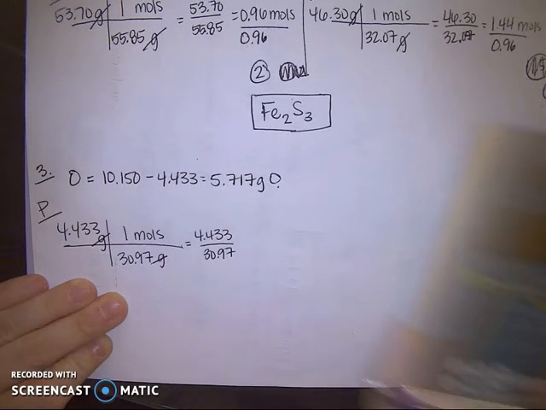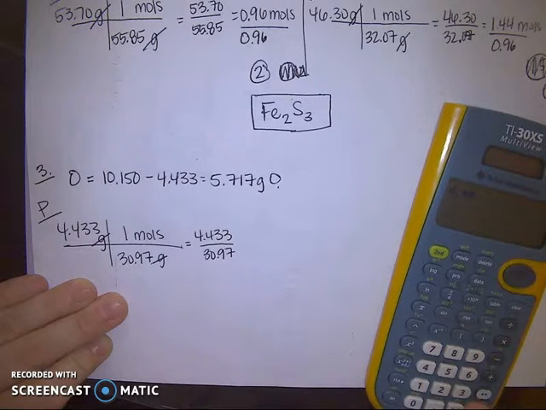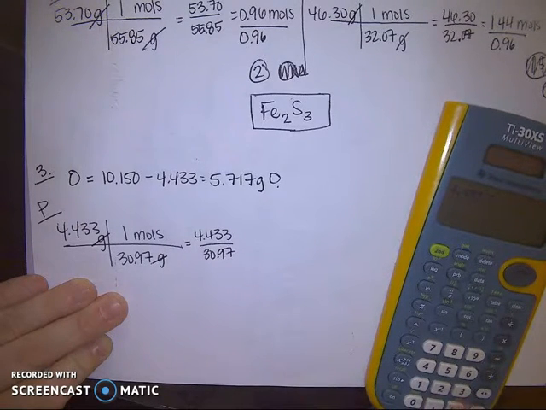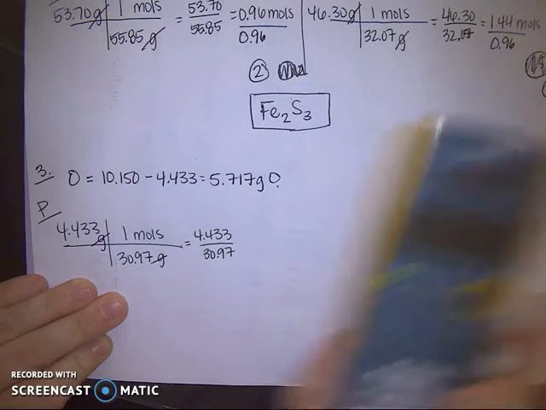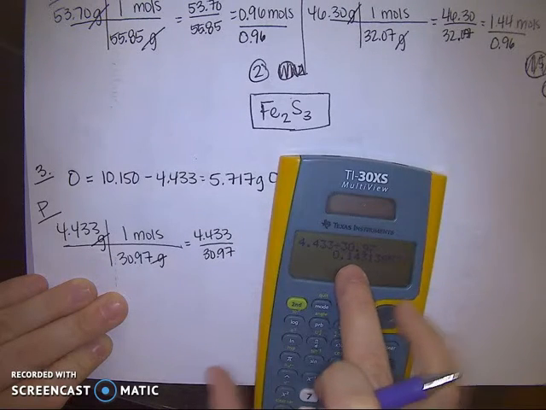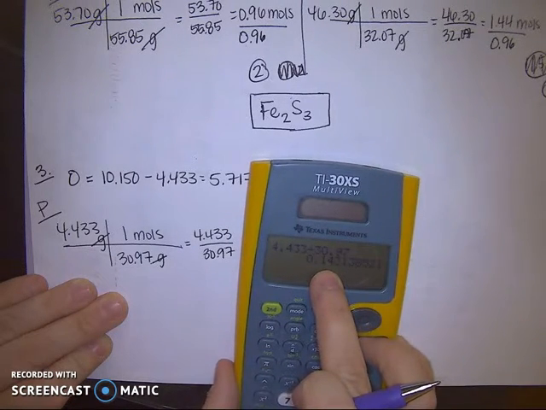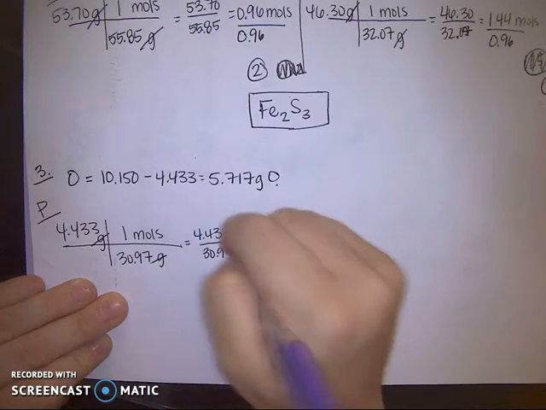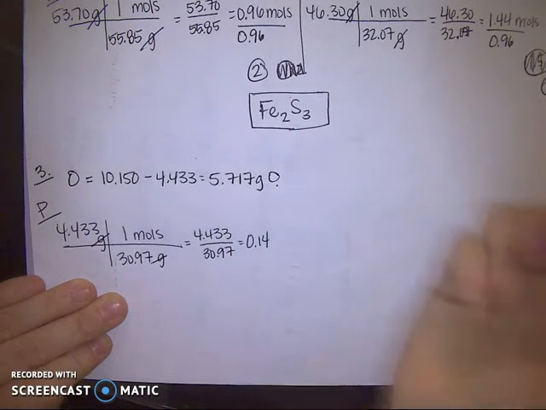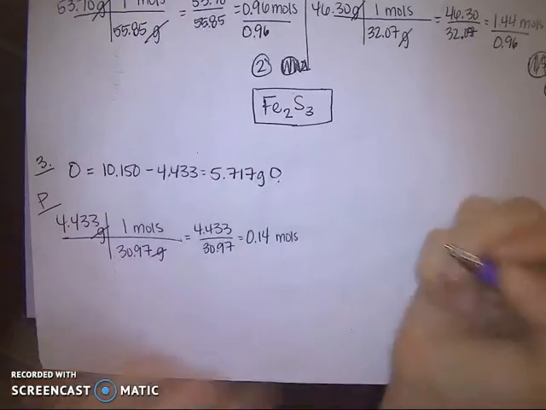Plug that in the calculator, and you'll get this decimal number right here. So I'm going to take it to 2 decimal places. The 3 is less than 5, so that means I can leave it as 0.14. And the unit is moles.